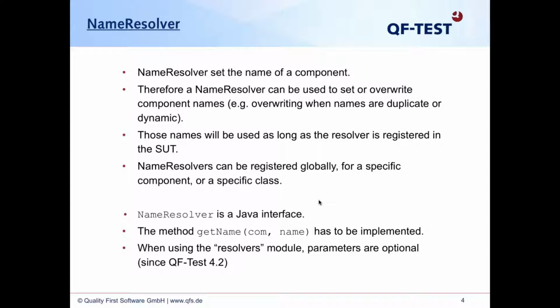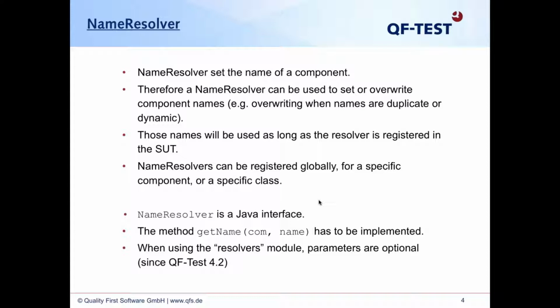There's even a mode called the name overall feature in QF-Test, which says that no matter what hierarchy of components we have, as soon as the name matches, we have the correct component. So the name is at the heart of component recognition, and setting the name of a component is good practice for developers, but you as testers know you often get applications where there is no name set for a component.